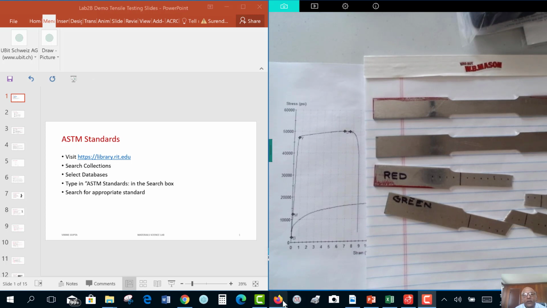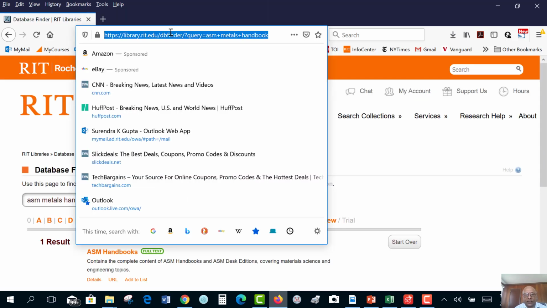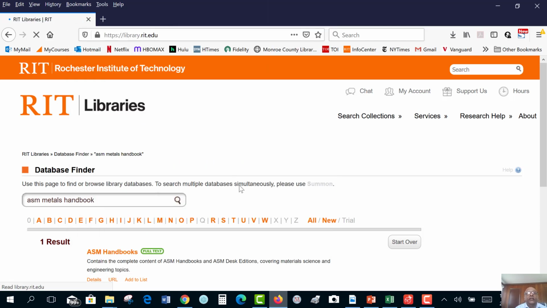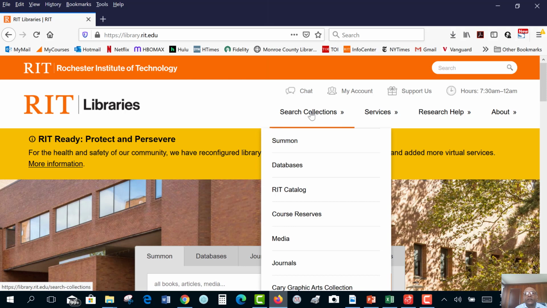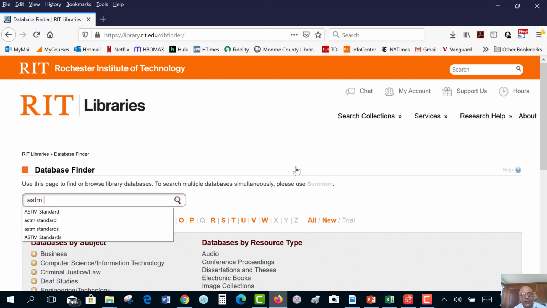So I'm going to fire up my browser. Let's start with library.rit.edu. We are going to go under search collections, go to databases, type ASTM standard in the search box.